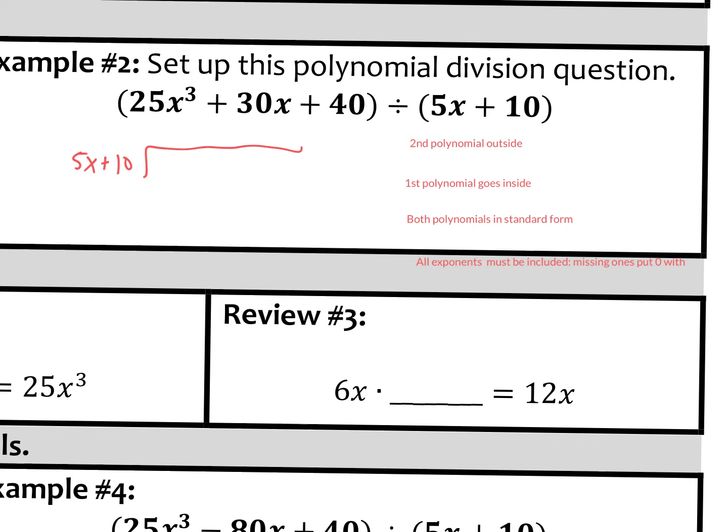Now if you see, it has x to the third and it has x to the first, so it's missing an exponent. So that's where we deal with the it must include all exponents. And we put in 0 when it's not included. So that's 25x to the third. It's missing x squared, so we do 0x squared plus 30x to the first plus 40. Okay, so that's the setup.